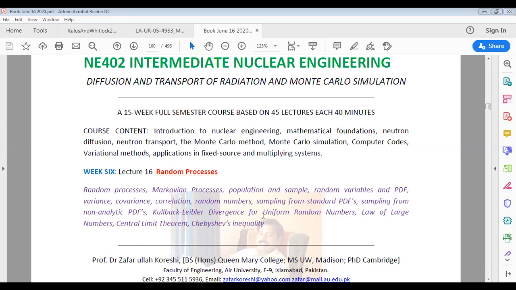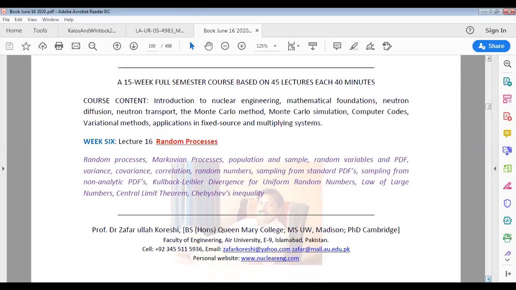And then look at some very fundamental laws in probability, like the law of large numbers, and then the central limit theorem and Chebychev's inequality. So all these are the foundations for a stochastic approach. And so I think it's really important to get to know all this before we move on to Monte Carlo simulation.